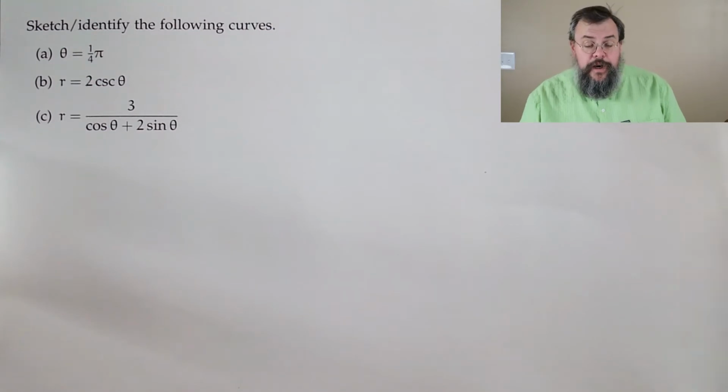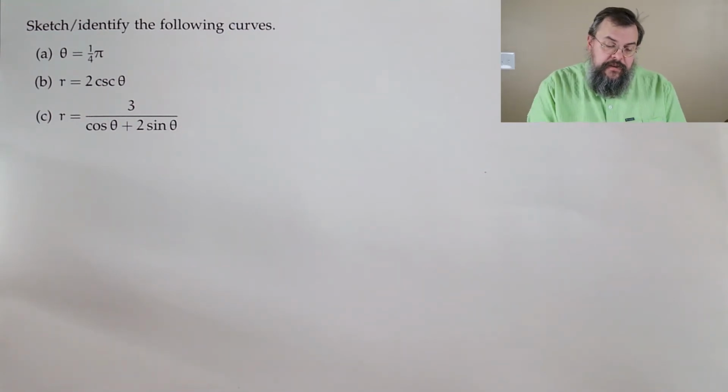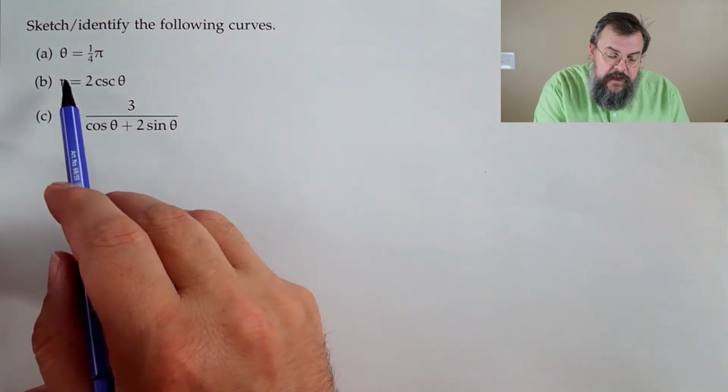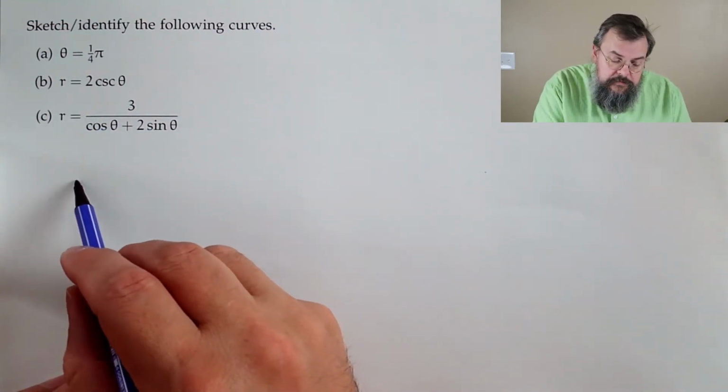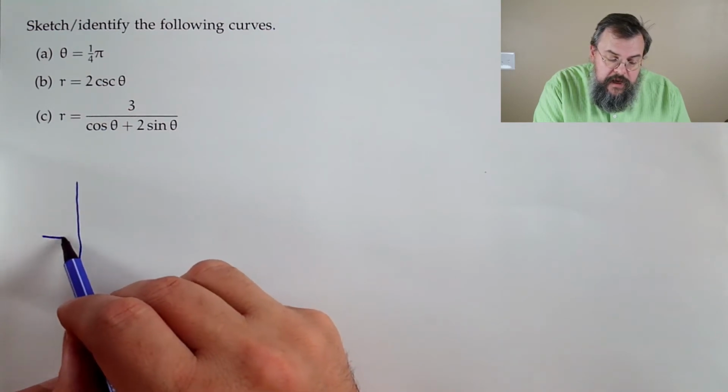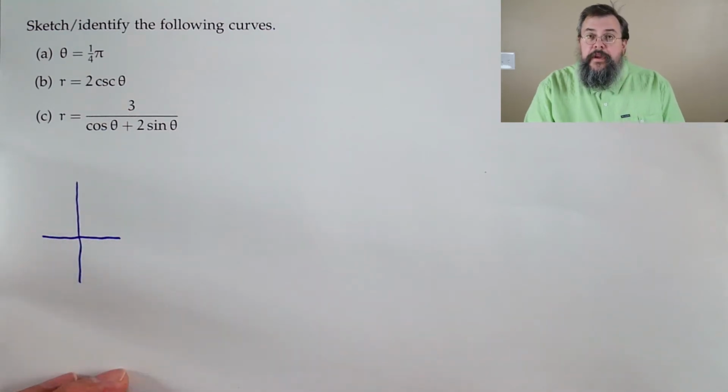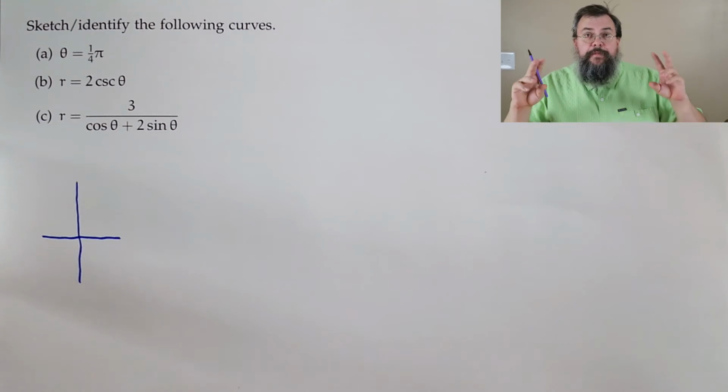So, our first problem. Sketch and identify the following curves. All right, well, how bad could that be? Part A, theta is equal to pi fourths. What is that? If we think about our plane, I'm going to draw the axes, not because we're in Cartesian coordinates, but just so we have a reference point.